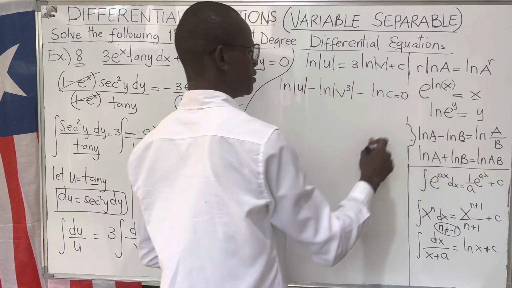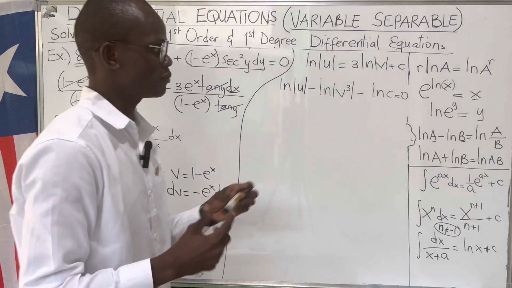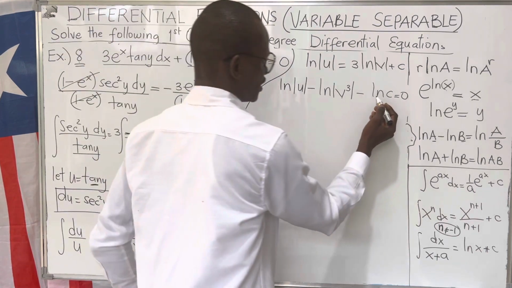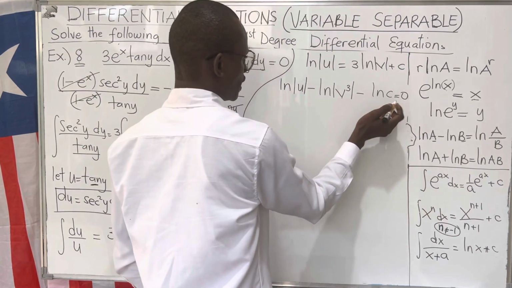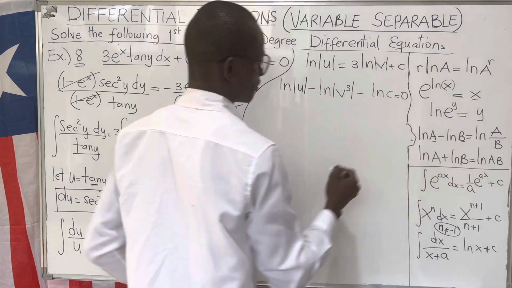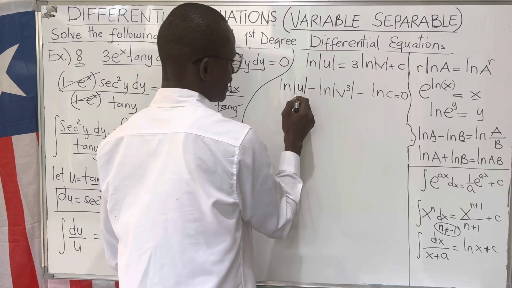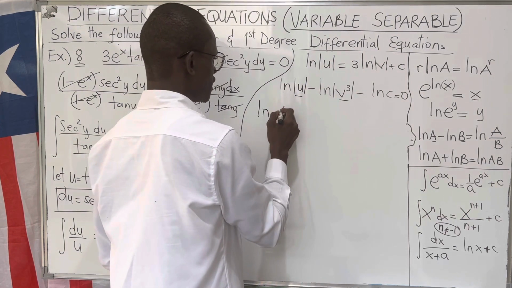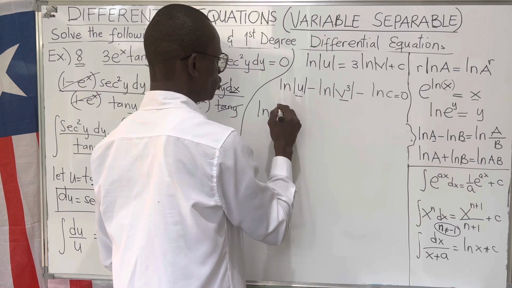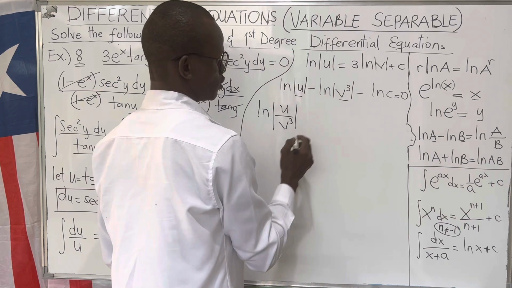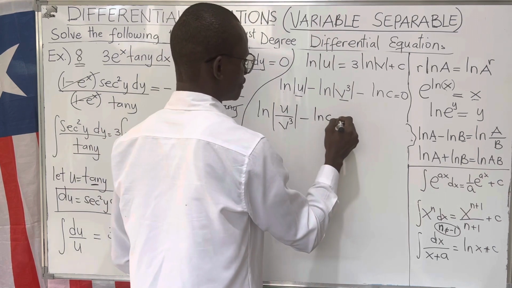Remember I told you it means no change to the problem because it is still a constant. The reason why we attached ln to this c is because we want everything to be the same so that we can bring in the property of logarithm. So the ln of a minus the ln of b is equal to the ln of a over b, which is now u all over v cubed, minus the ln of c equals to 0.